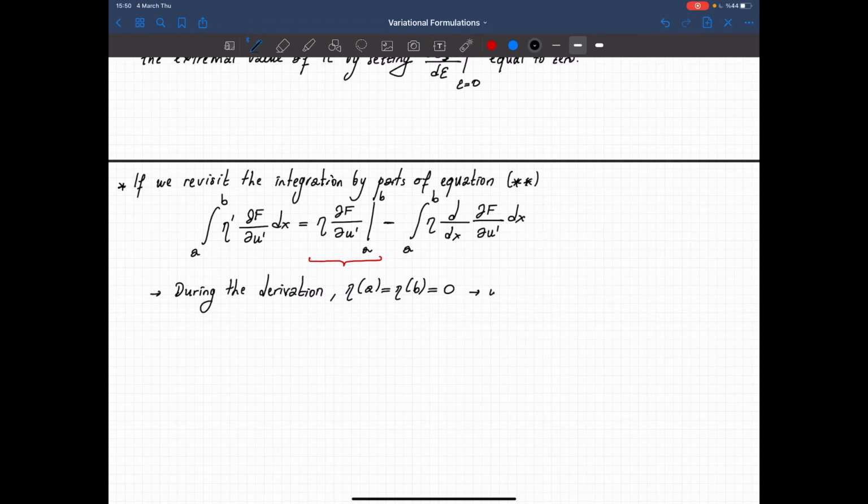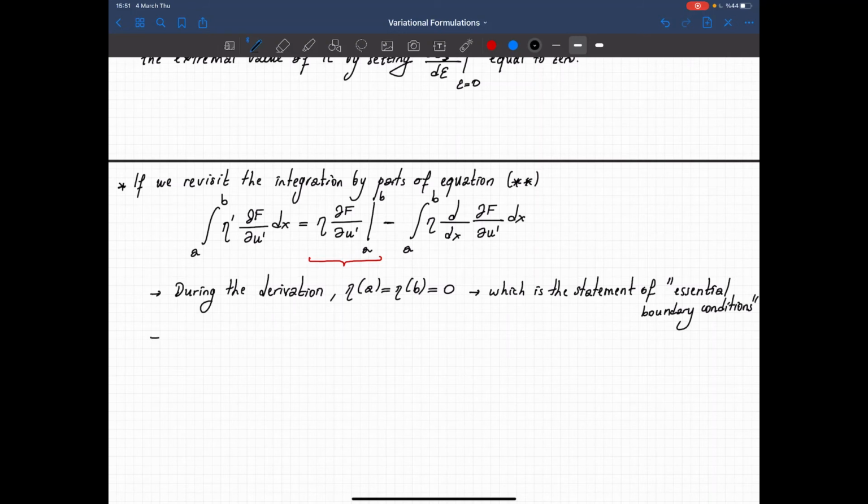This is the statement of essential boundary conditions.